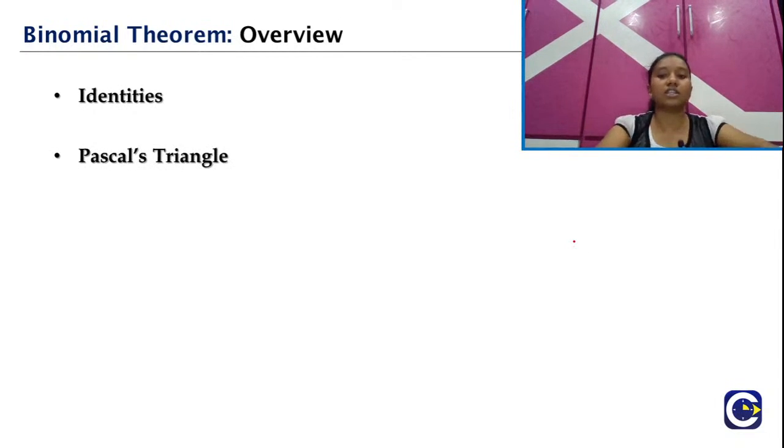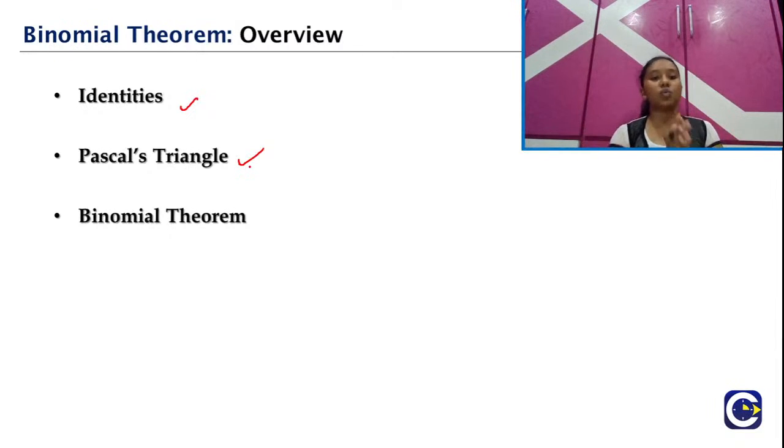Using those observations and conclusions, we are going to form Pascal's triangle, and we will use Pascal's triangle in order to write our binomial theorem. So the next part after the identities will be Pascal's triangle, and the next will be our binomial theorem. These two will be the background or basic part in order to write our binomial theorem here. Right guys?